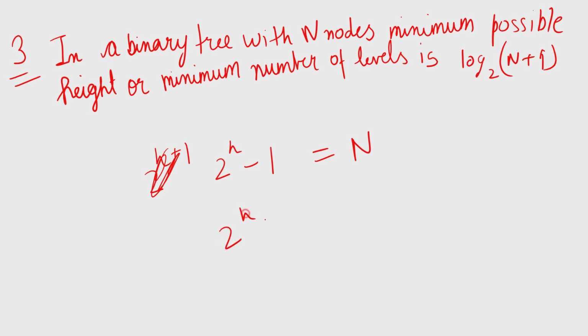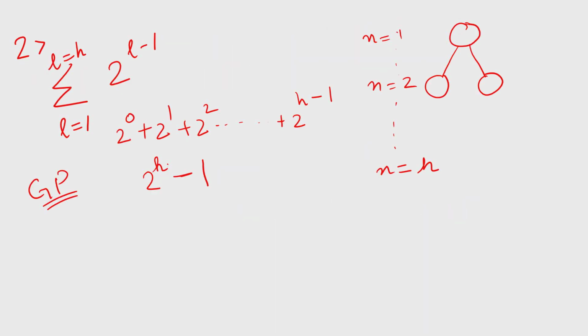So 2 to the power h is equal to n plus 1, and h is going to be log to the base 2 of n plus 1. So h is the minimum possible height. If you want to have n nodes, you should have minimum log to the base 2 of n plus 1 levels. This property is really very important, and I have derived this assuming n equal to 1 for the root node.